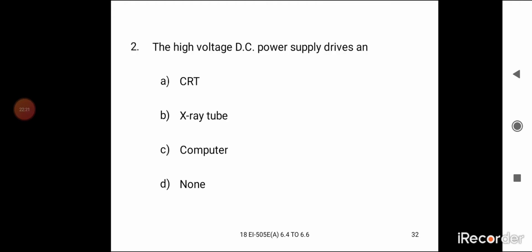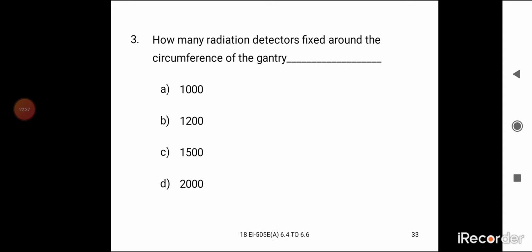The high voltage DC power supply drives: CRT, X-ray tube, computer, or none? The answer is B, X-ray tube. How many radiation detectors are fixed around the circumference of the gantry? A. 1000, B. 1200, C. 1500, D. 2000.